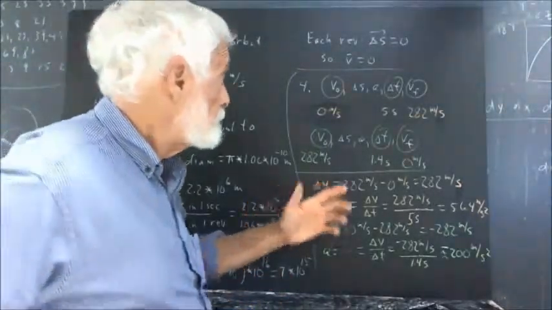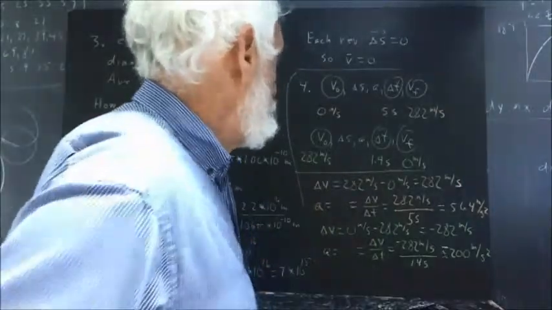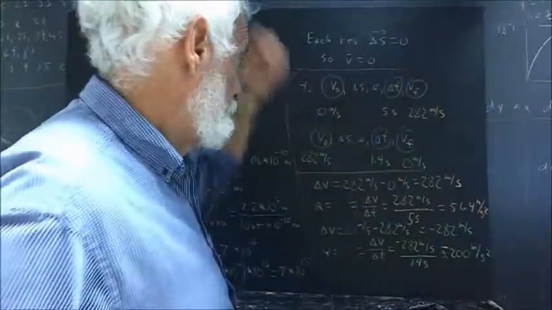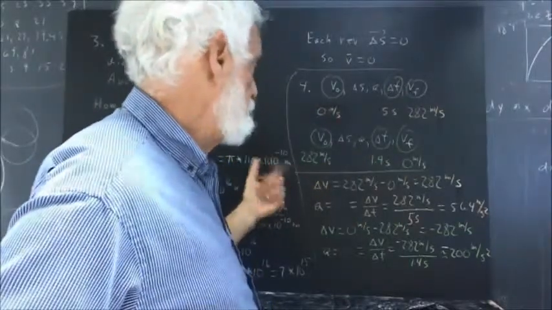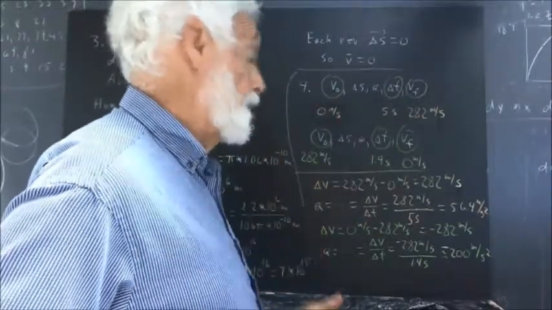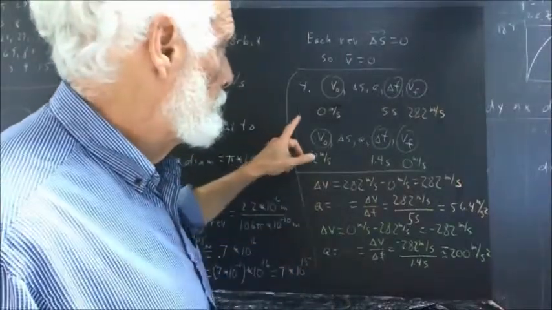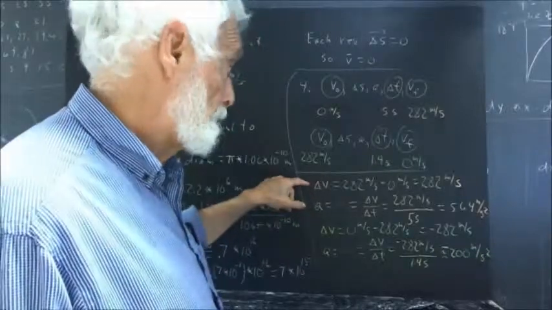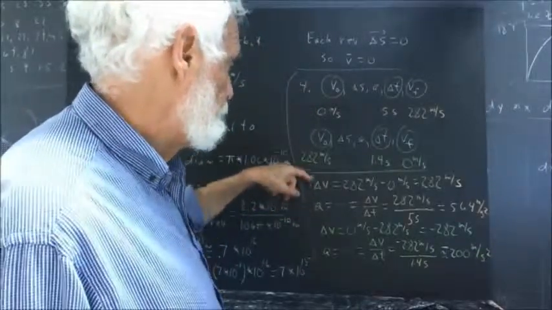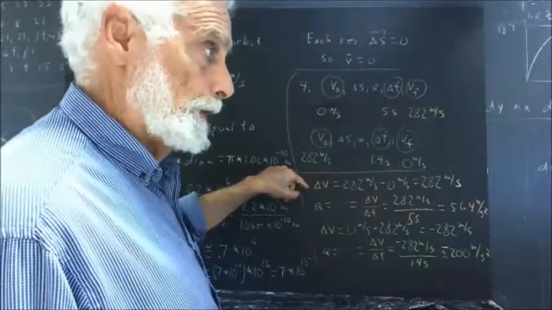Now, having identified V naught, delta T, and VF, we understand very easily that we can find from V naught and VF the change in velocity, or if we prefer, the average velocity. What we're trying to determine is the acceleration, which is going to involve the change in velocity. So to get to the acceleration, we'll immediately combine V naught and VF to get the change in velocity.